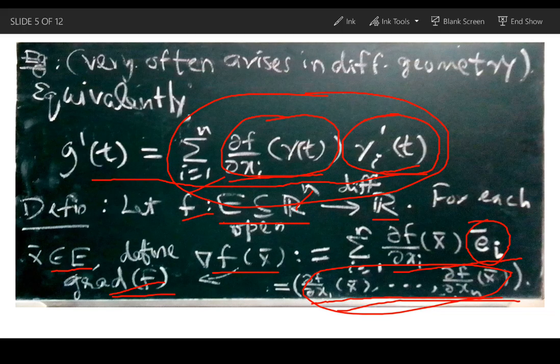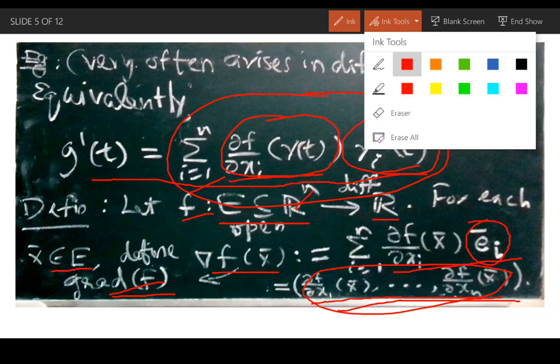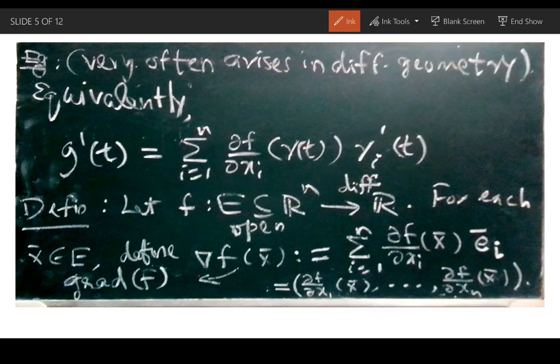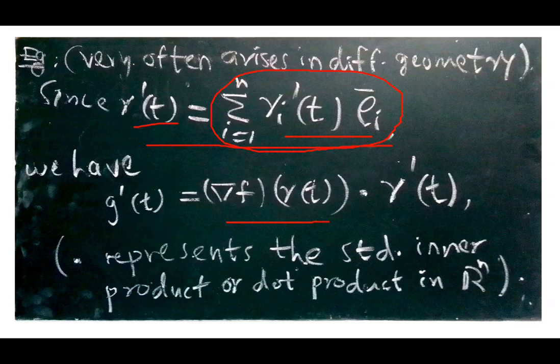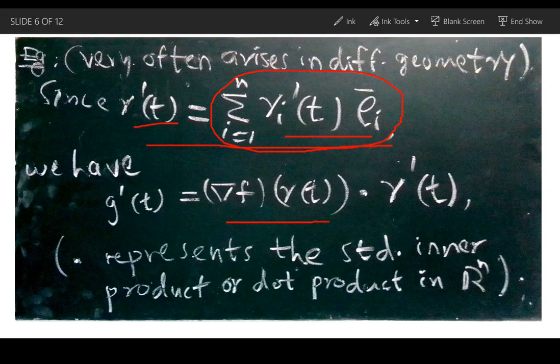Del f is this vector, gamma dash of t is this vector, and therefore g dash of t is equal to sigma xi yi.